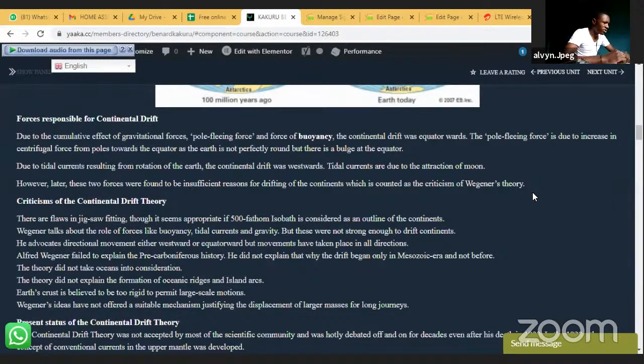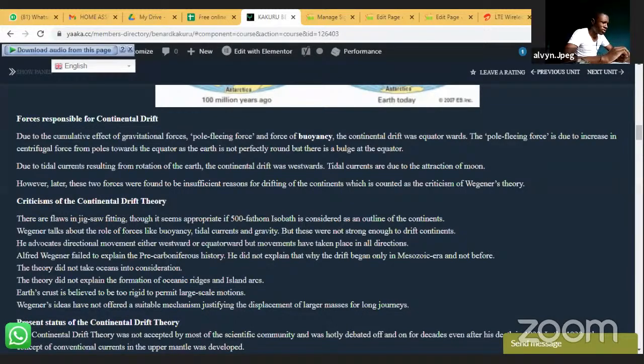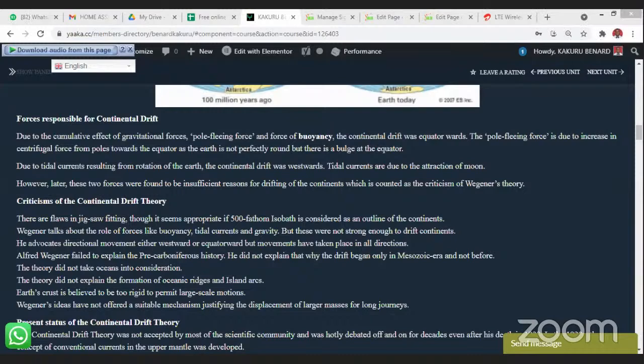Due to tidal currents resulting from rotation of the Earth, the continental drift was westwards. Tidal currents are due to the attraction of the moon. However, later these two forces were found to be inefficient reasons for the drifting of the continents, which is counted as criticism of Wegener's theory.